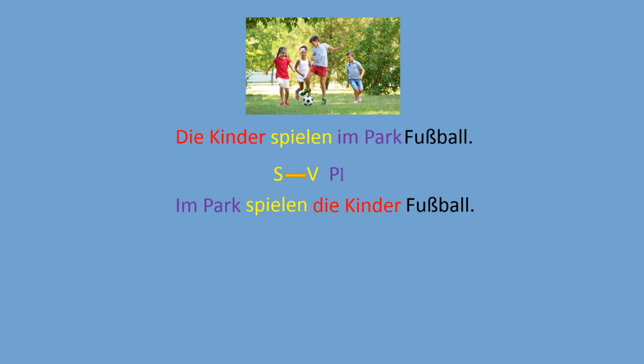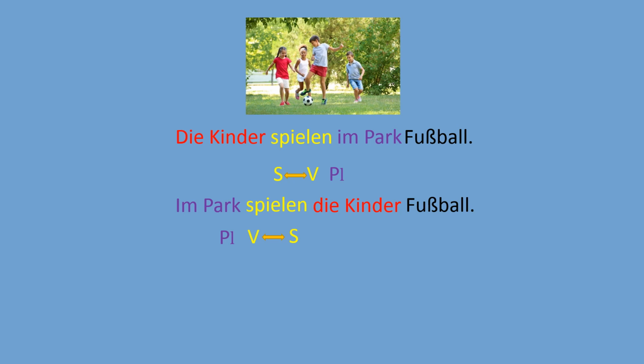As you see now, our subject, die Kinder, is used after the verb. So the first grammatical position is taken by the place, and then we have a verb, and then we have the subject. So we call it the inverse word order. We need to use this inverse word order, first verb, then subject.